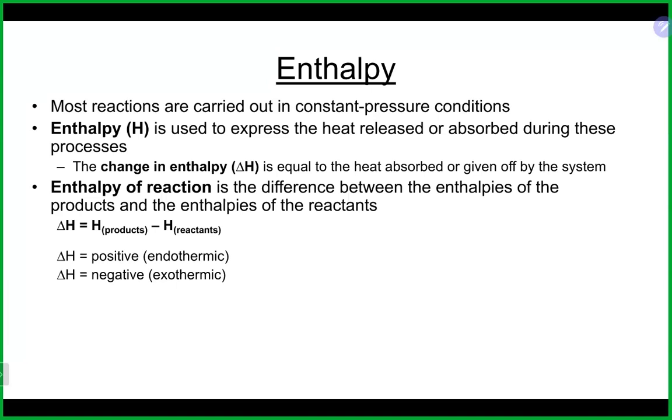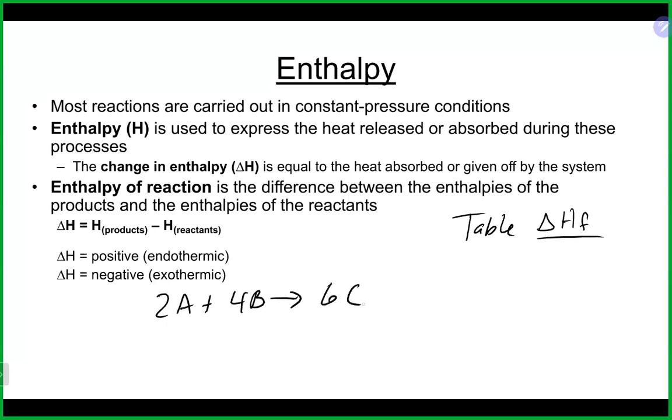So where do you find these values? They would be found in an enthalpy table, and these table values are sometimes referred to as delta H of F, the enthalpy of formation. So let's just say, for example, I make up an equation here where we have 2A plus 4B goes to 6C.